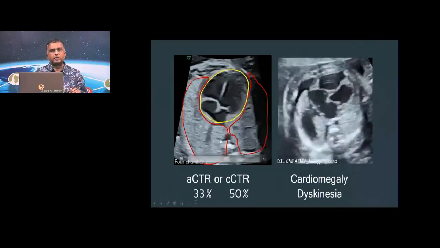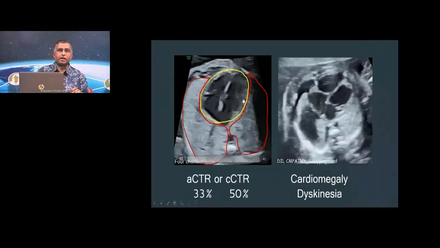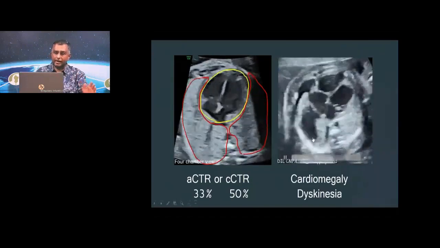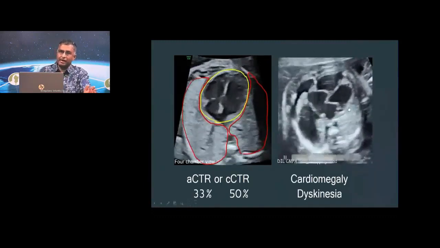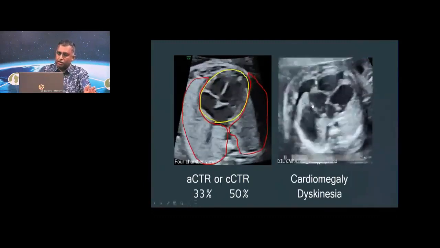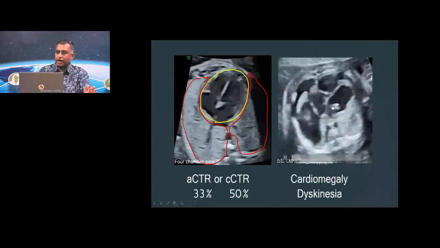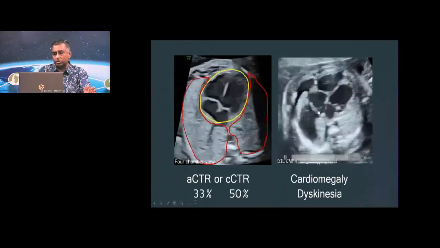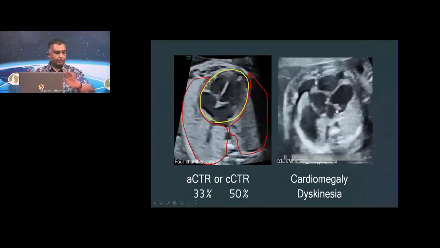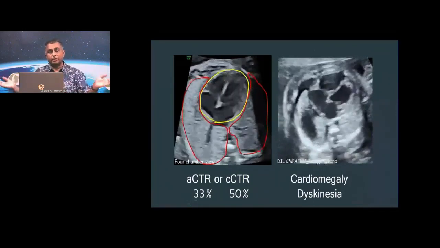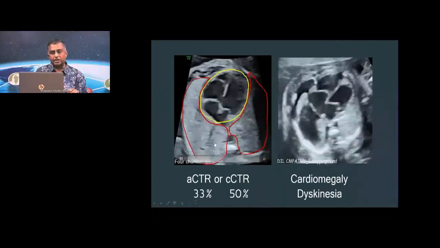You see that the cardiac ventricle is not really contracting very well. Compare this to this. Look at the myocardium here, brilliantly contracting. This is poor contractility, dyskinesia, and because the contractility is no good, the passage of blood from the atria to the ventricle is also no good. The atria are also not contracting well. When the blood flow is no good, the valves don't open and shut like this.